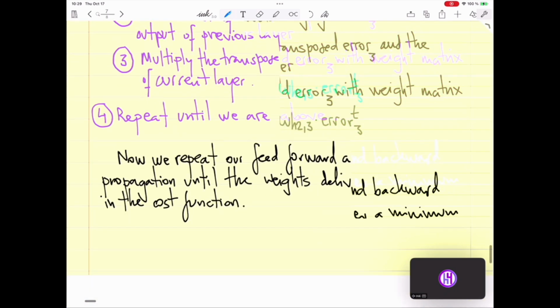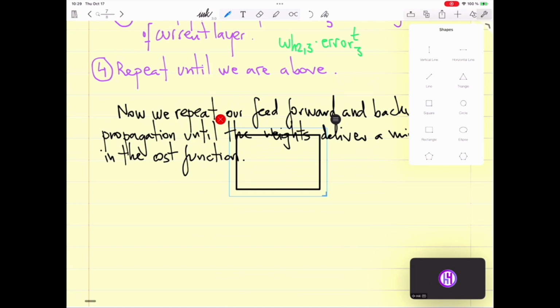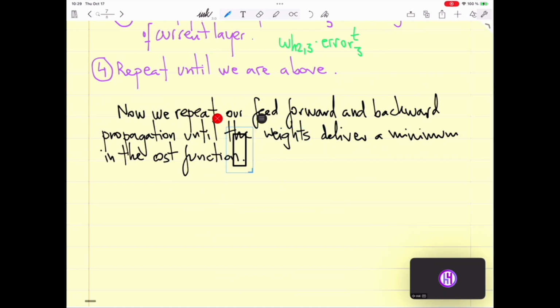Okay, so the next step would be to get our vector again, 2, 1, 3, our input.